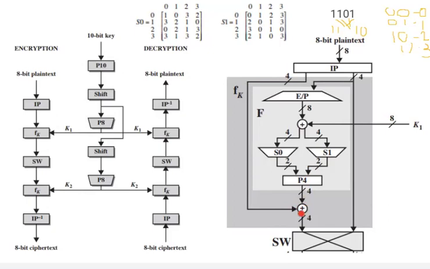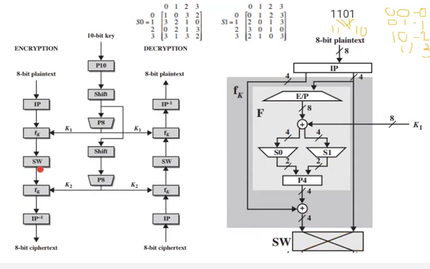And then you will have the 4-bit as the left hand side nibble, and the initial right nibble will be carried down as the right hand side nibble. So now we are here, and we need to perform the swap operation. Then left nibble will become right nibble, right nibble will become left nibble.